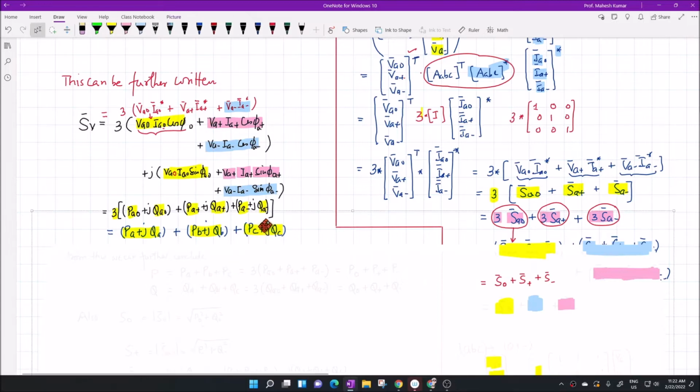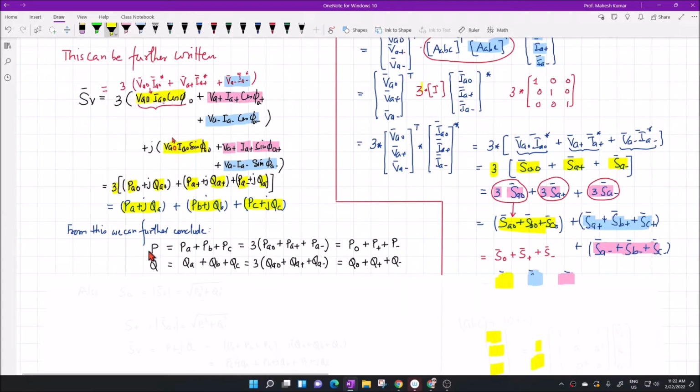Alright, and which is again the same as P equals PA plus PB plus PC, or 3 times PA0 plus PA plus PA minus, which is also equal to P0 plus P plus P minus, because P0 is the sum of PA0, PB0 and PC0.